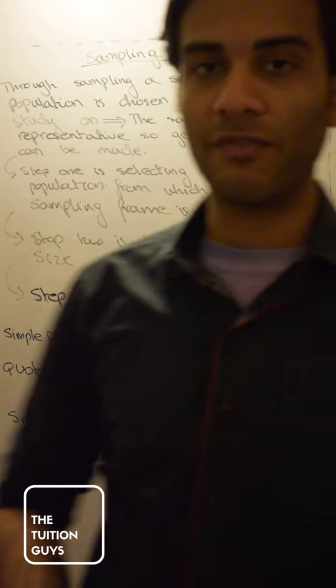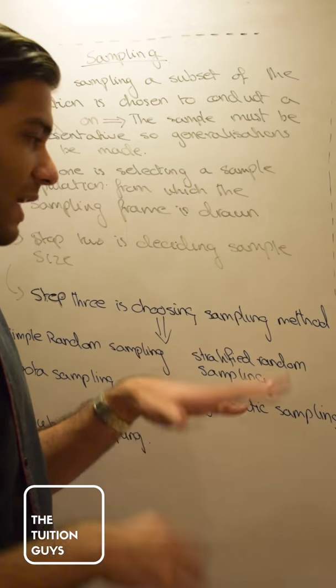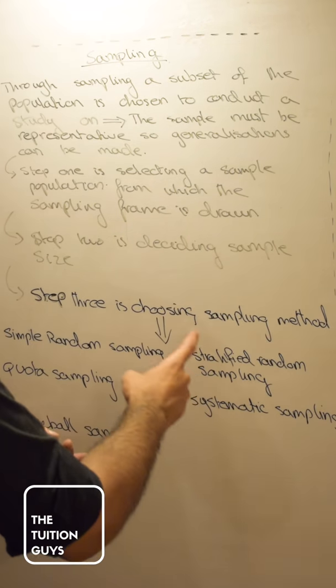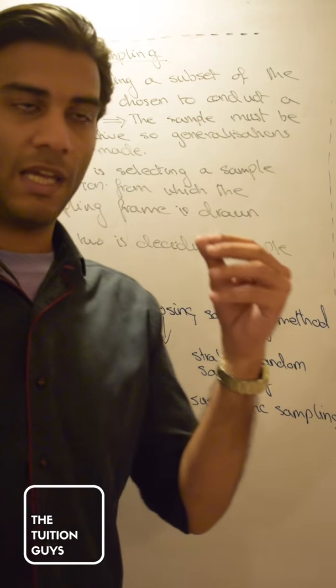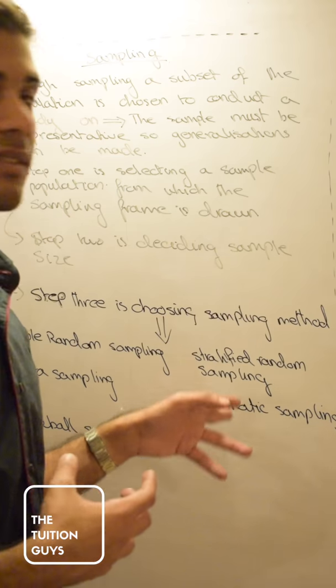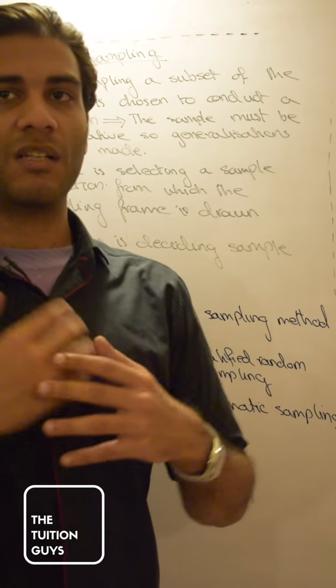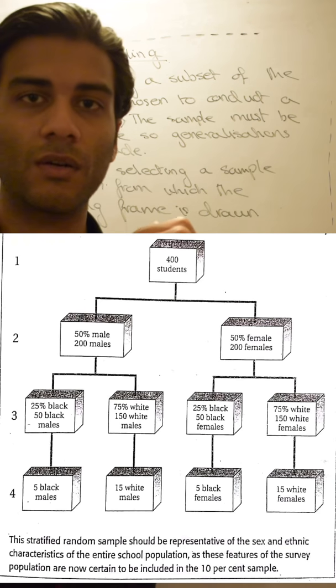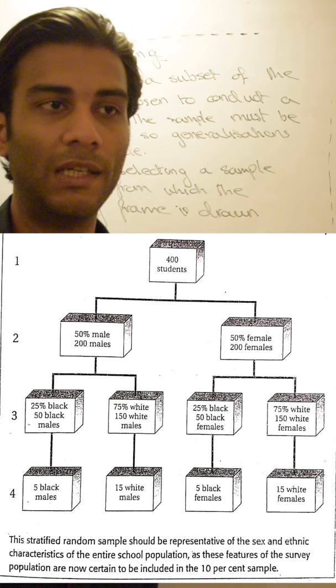Now, on the screen for about, let's say, 20 seconds, I will put up an image which will correspond to stratified random sampling, because this is a bit of a confusing sampling method. In this sampling method, you choose based on specific criteria. You break your survey population up into different strata or layers.